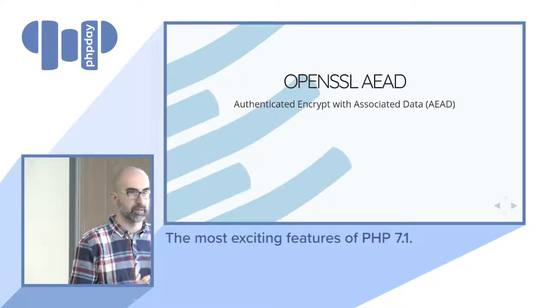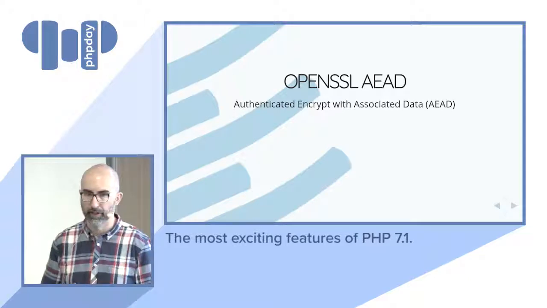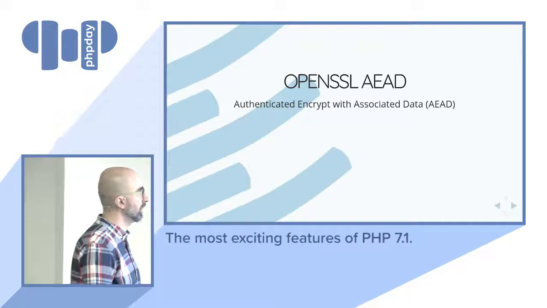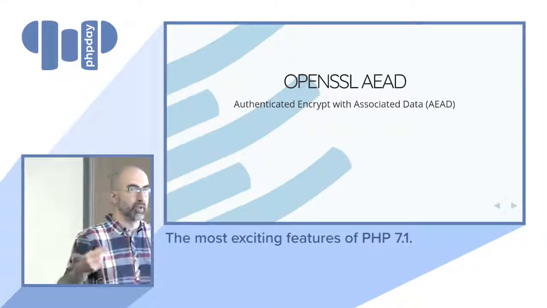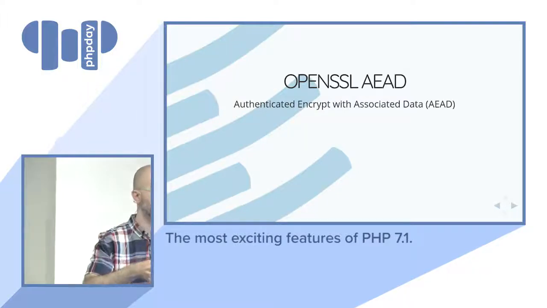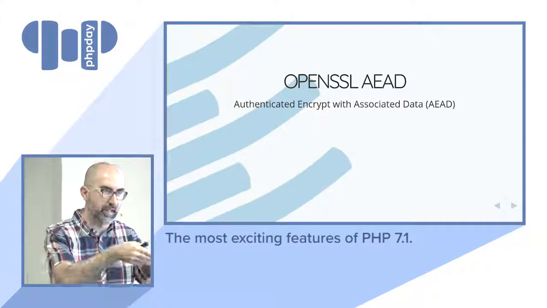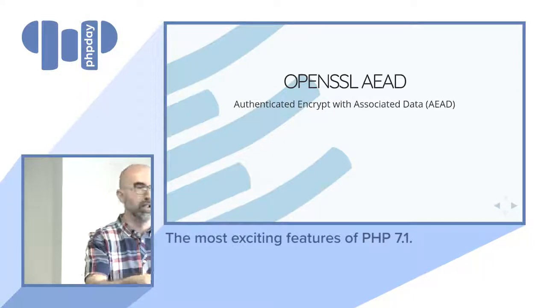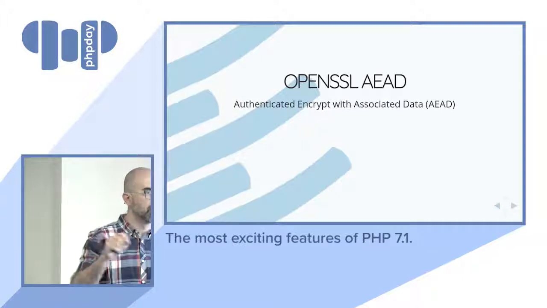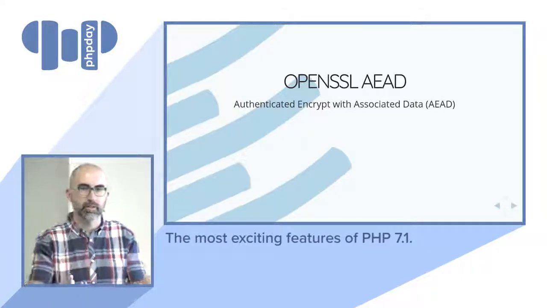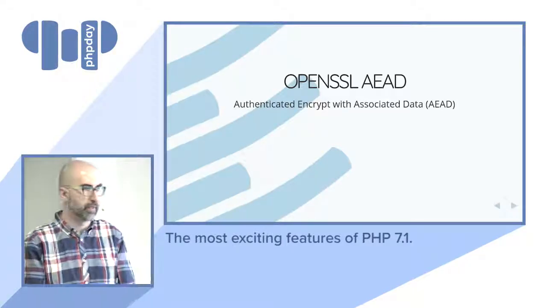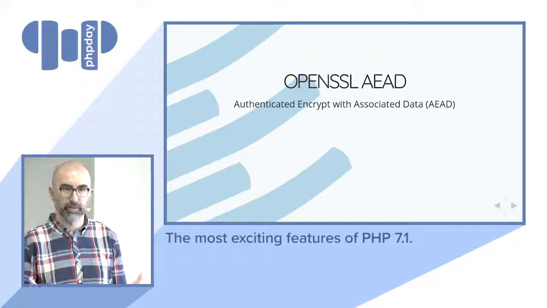Because when you encrypt something, and you don't authenticate the encryption itself, you are exposing your data to tampering. Anyone can get the encrypted information, and even if they cannot understand what's inside, they can change some bits, move bytes around, do whatever they want. And you have no idea, if you try to decrypt it, whether someone has tampered with the data. So this is very important.